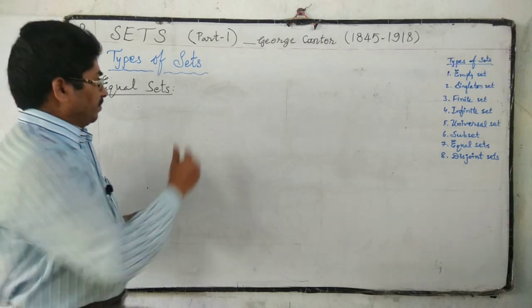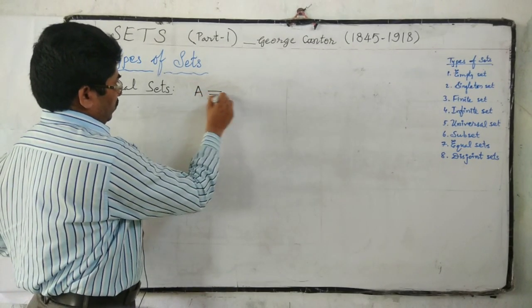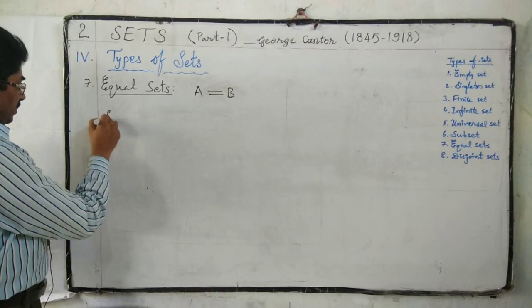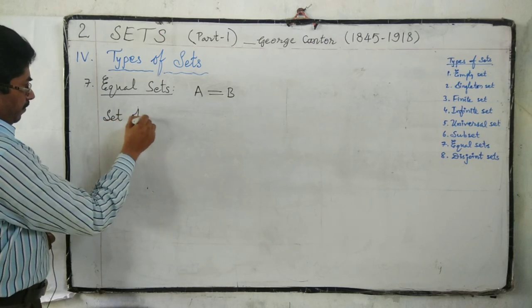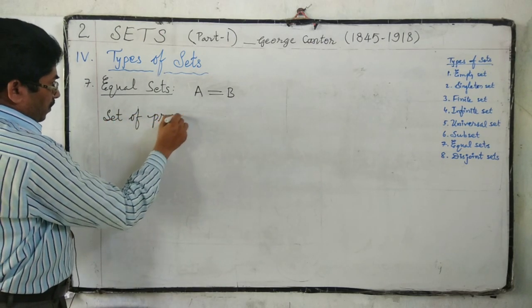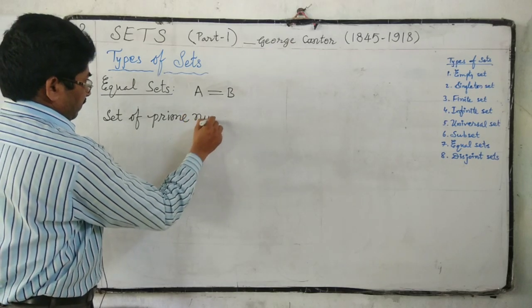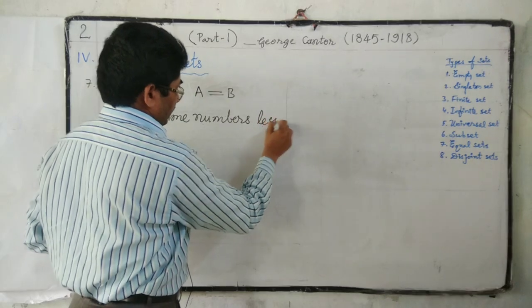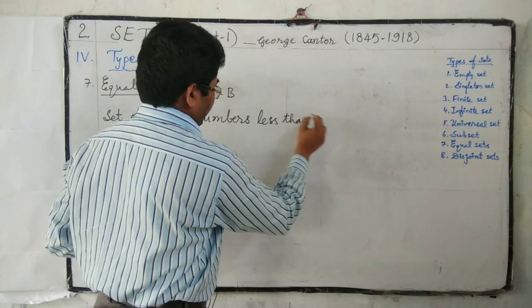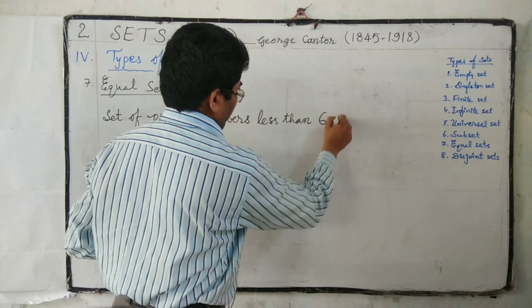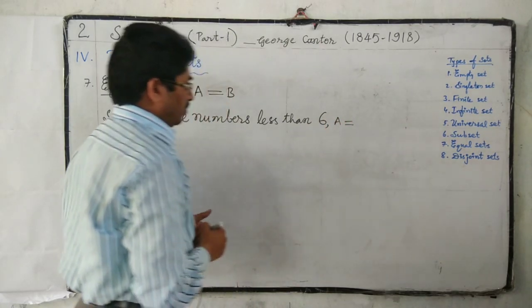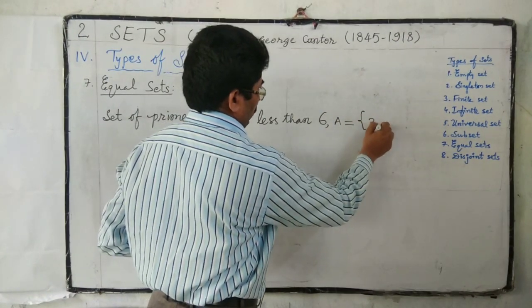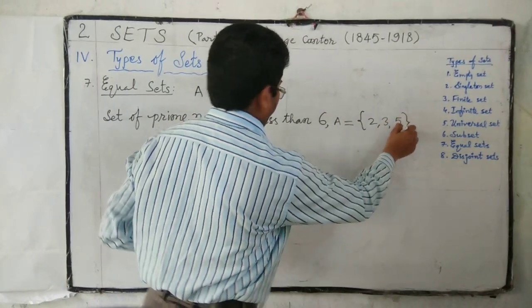Then we can write A is equal to B. For example, set of prime numbers less than 6, A. We know prime numbers less than 6 are 2, 3, 5.